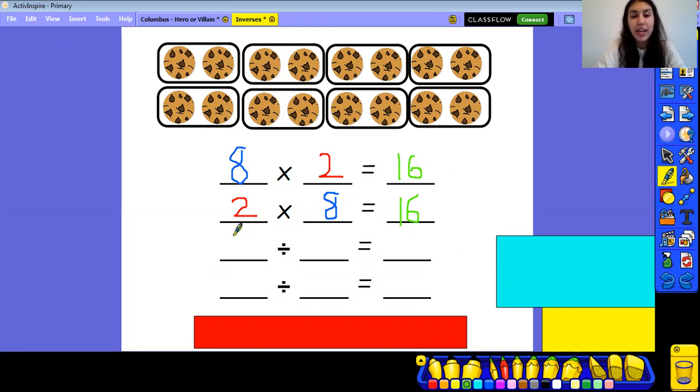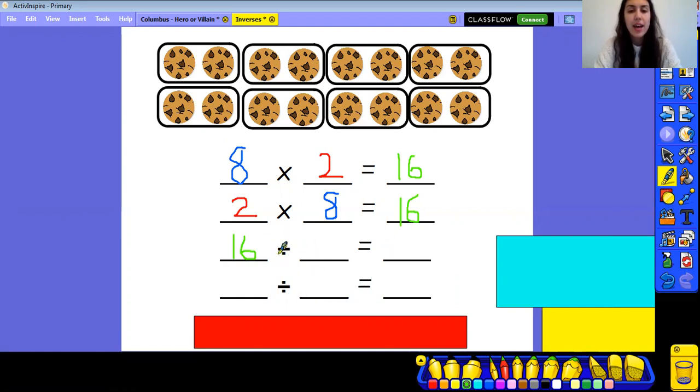So we've been looking at 16 biscuits to start with, or 16 cookies. And we might say that those cookies have been grouped into, so remember there are two ways of looking at division. That's why we've got two division equations that we can write.